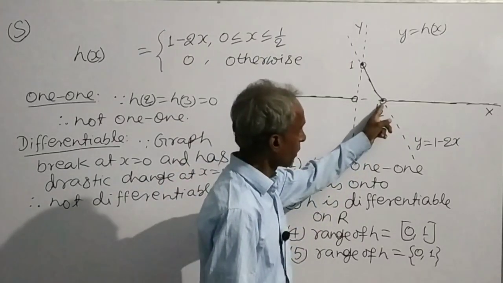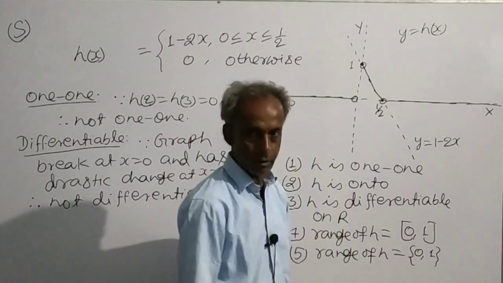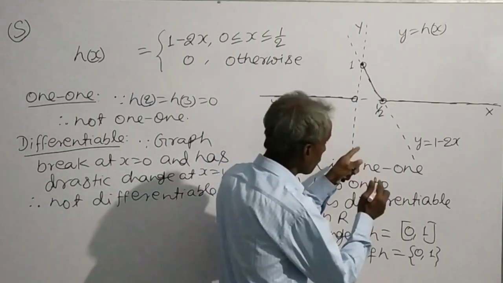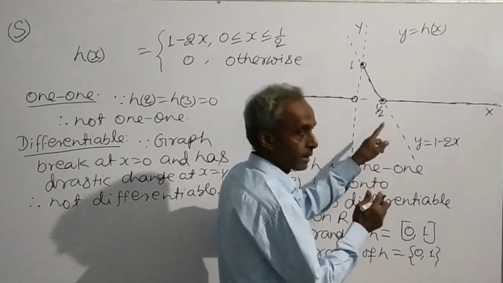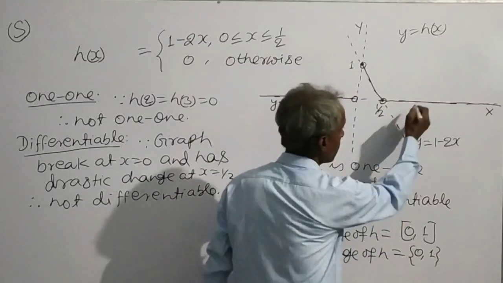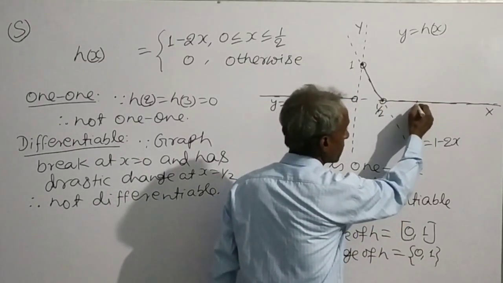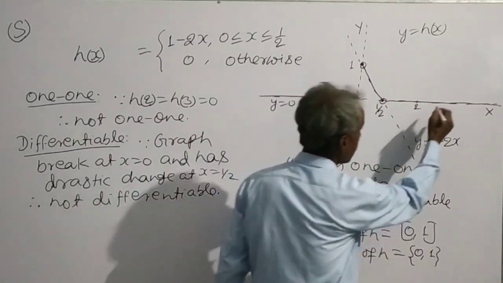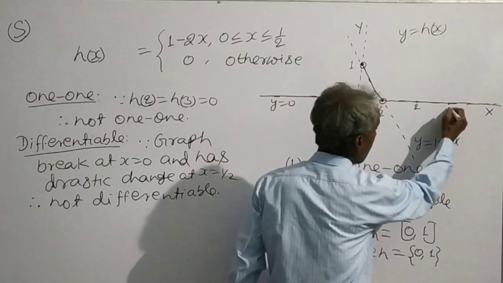The x coordinate of this point is 1/2. That means x coordinate 2 will be of a point lying on the right hand side of this point, and x coordinate 3 will be of this point.